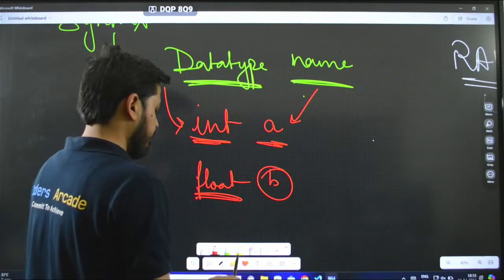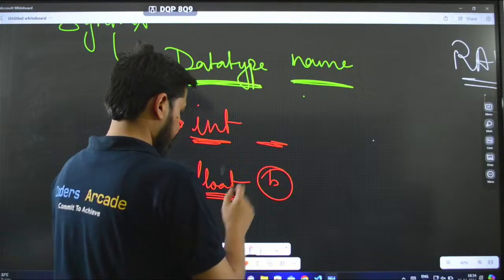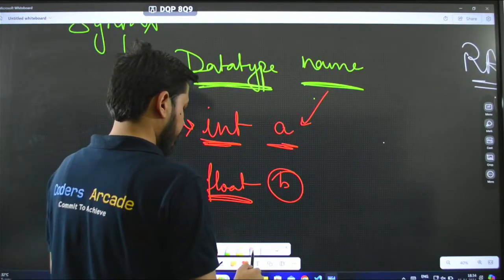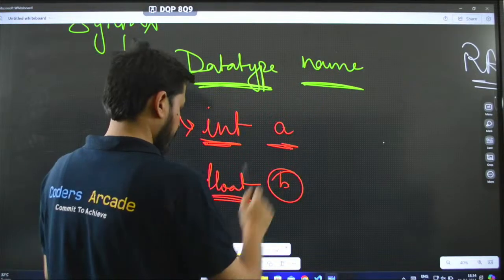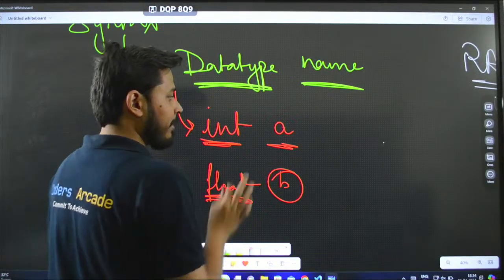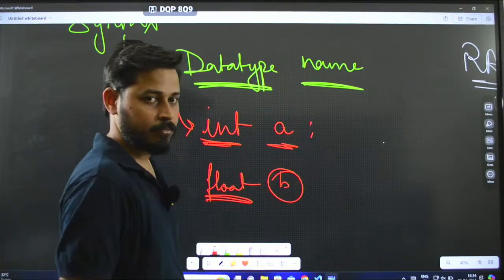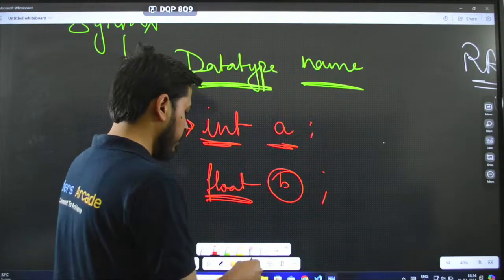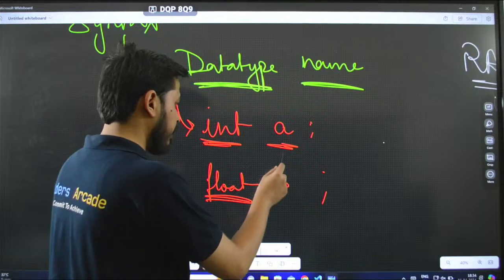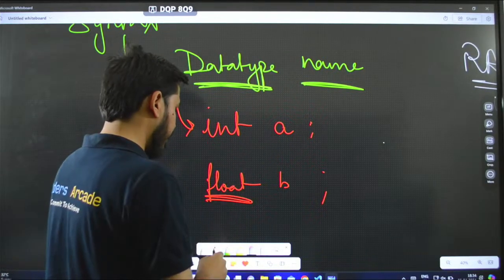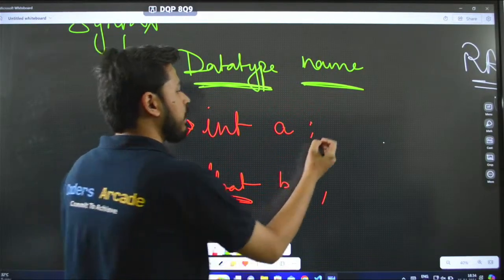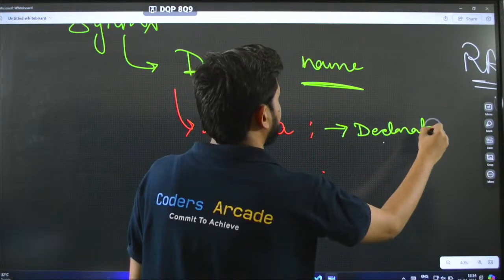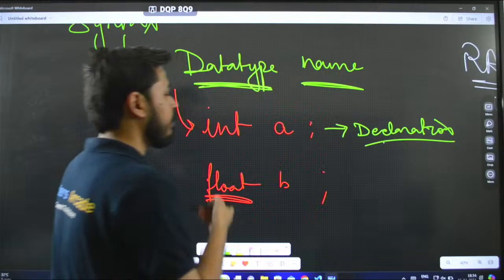When you just say int a, and give a semicolon here, or float b with just a semicolon, this is what you call variable declaration.